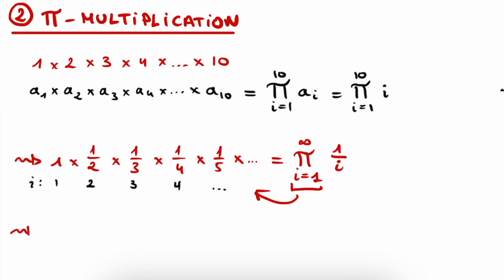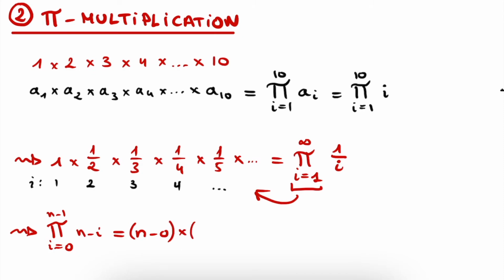In the second example, we go the other way around. We start with the pi multiplication notation, with i starting from 0 to n minus 1, and the prescription is n minus i. So how do we now expand this compact notation? Well, we simply start with the first term, which is where i is equal to 0. So we have n minus 0, which already gives us the first term in our long multiplication.